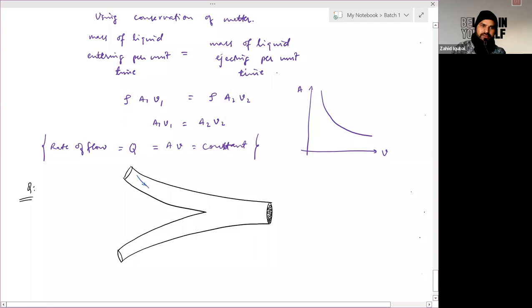Let's say velocity of liquid in this cross-sectional area is 5 meters per second.